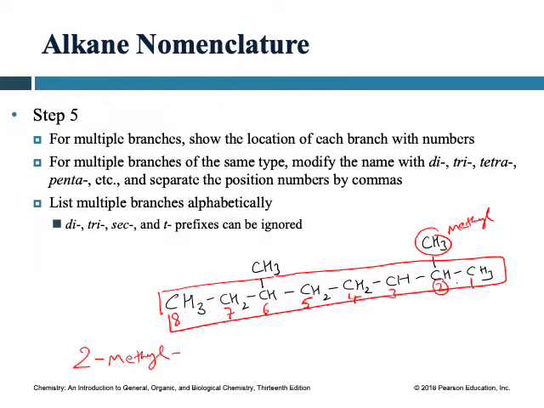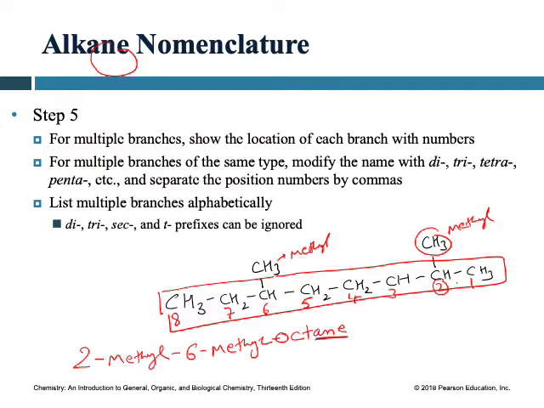Then again you have a hyphen, and the second substituent is present on which location? 6-methyl, because on the 6th carbon you have a methyl group again. Then you have 8 carbons in the parent chain. What's the parent chain? 8 is octane. Oct is 8, and because this is an alkane, the ending would be ane, right? So the name will be 2-methyl 6-methyl octane.